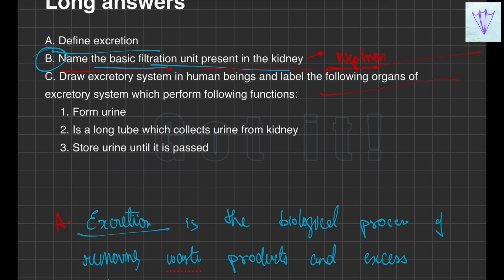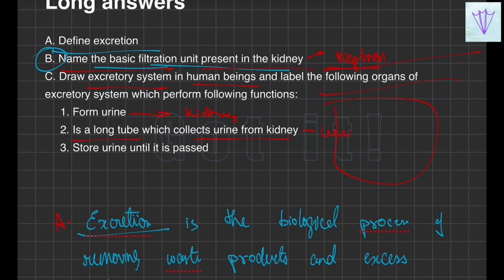Next, C part is we have to draw the excretory system in human beings and label it. So simply draw the excretory system in human beings and name the following. Which one forms urine? It is the kidney. Which is the long tube which collects urine from the kidney?